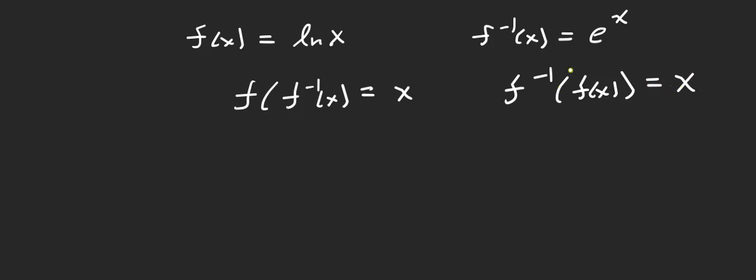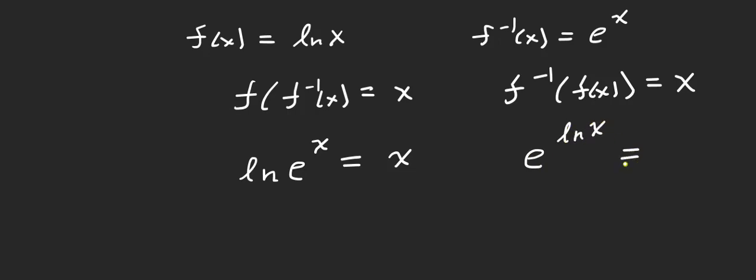They cancel out each other. That's what's going to happen. So if you have natural log of e to the x, natural log and e cancels out, you just get x. And when you get e to the natural log of x, e and natural log cancels out, you get x.